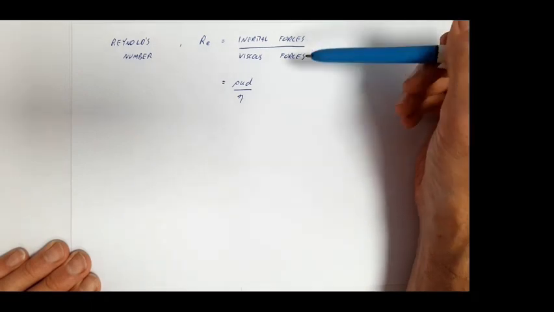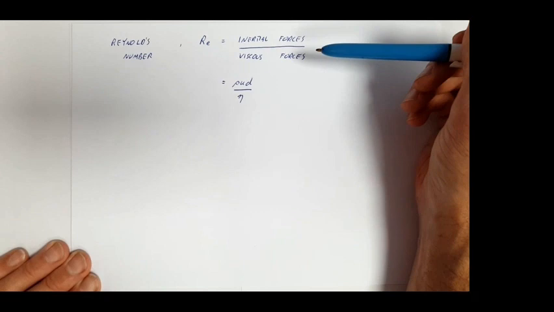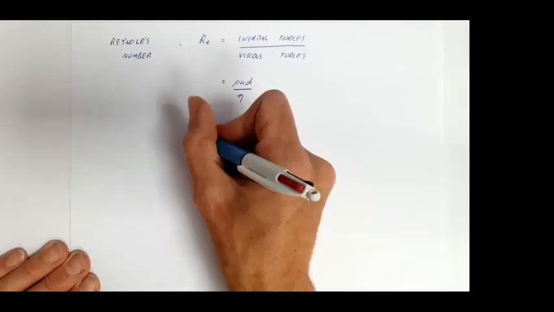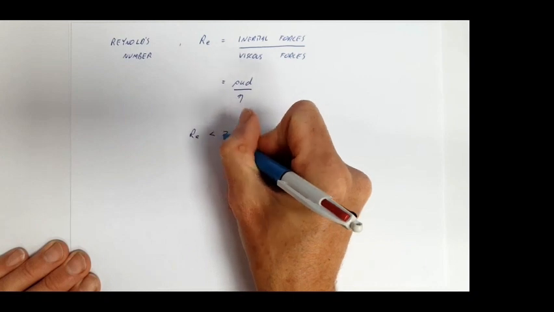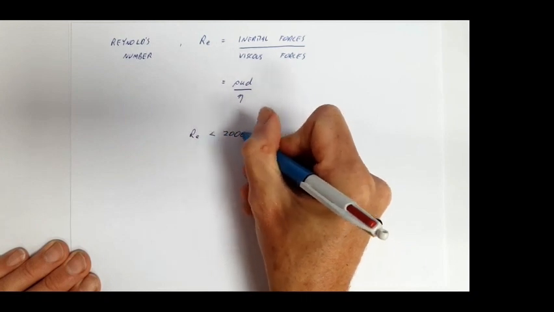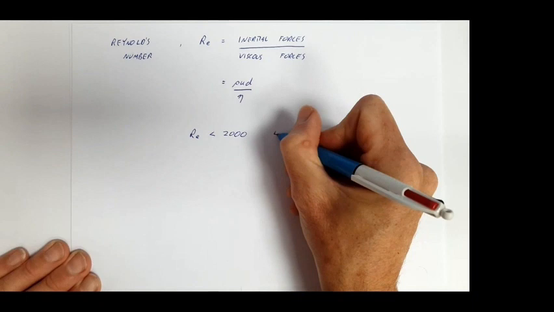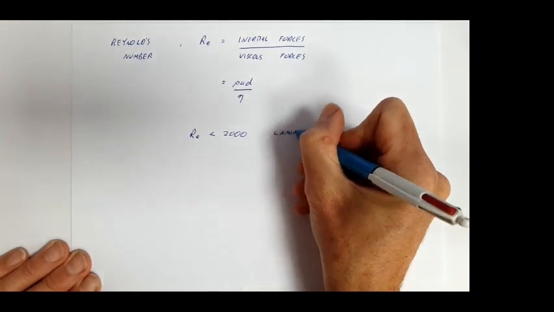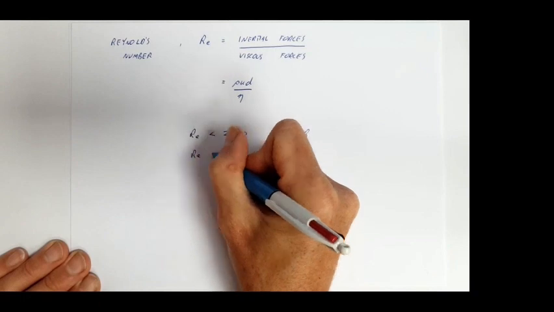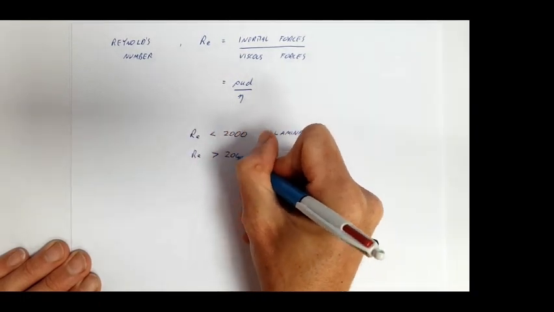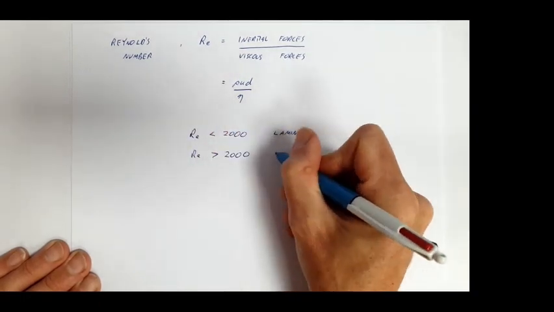So that's going to result in turbulent flow. So if our Reynolds number is less than 2000, we would expect laminar flow. If our Reynolds number was greater than 2000, we would expect turbulent flow.